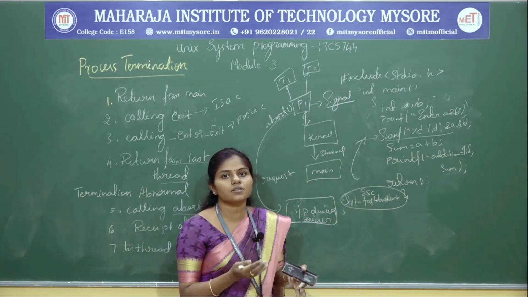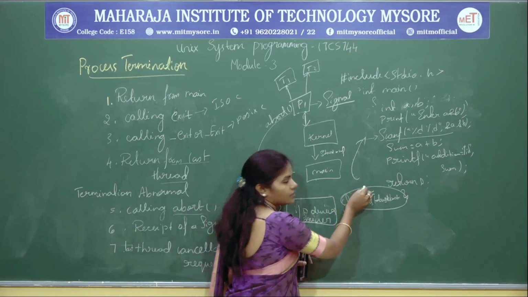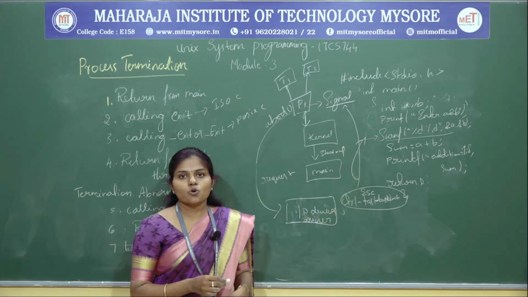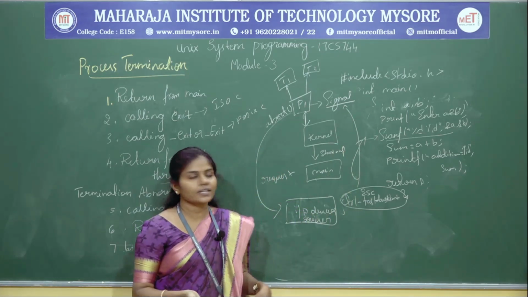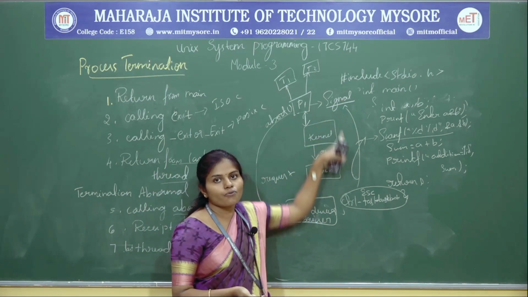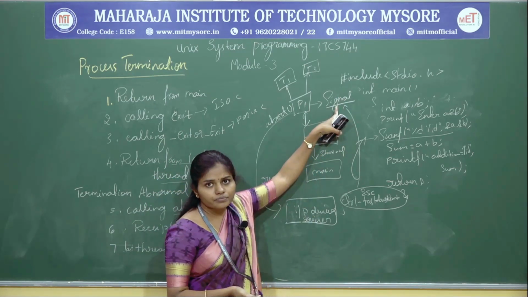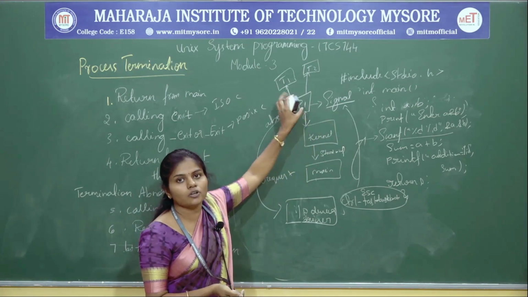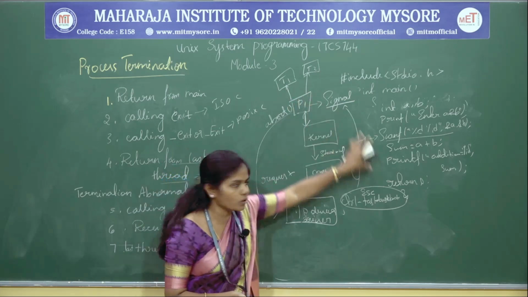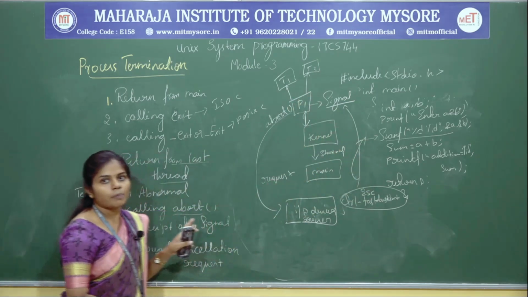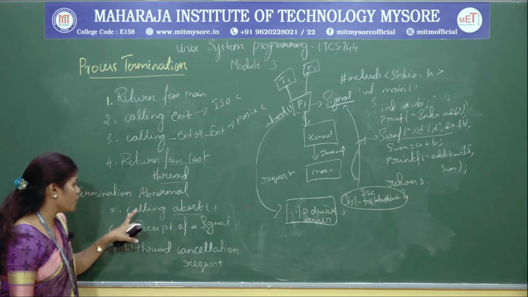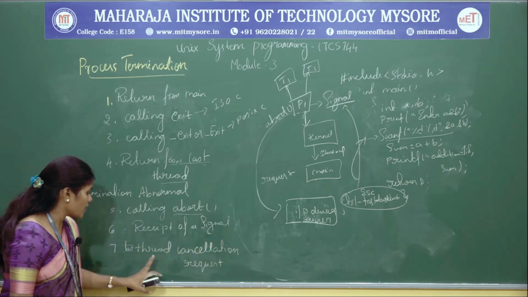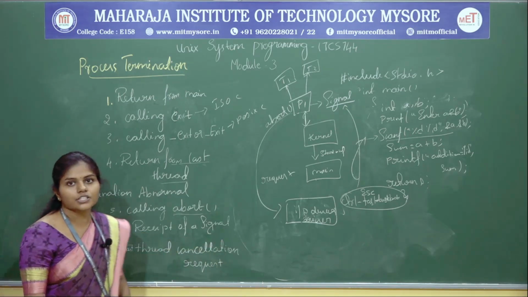This escape is going to create an interrupt, which we call a signal, that is, a software interrupt. Now the signal is given to P1, so P1 is going to halt the execution of the program. In that case also the program runs abnormally; that is called receipt of a signal. Understood? So next one, the last, thread cancellation request.